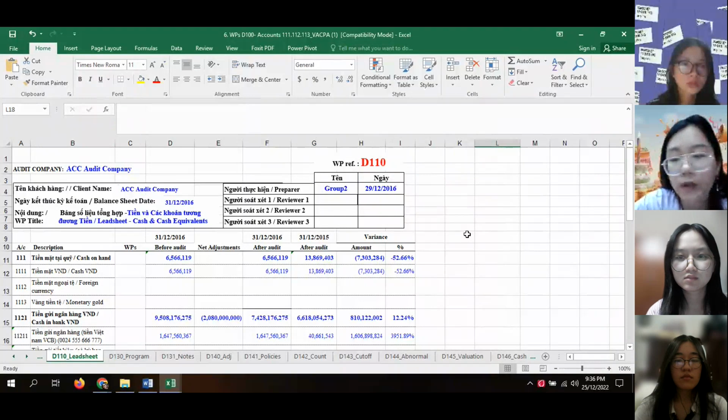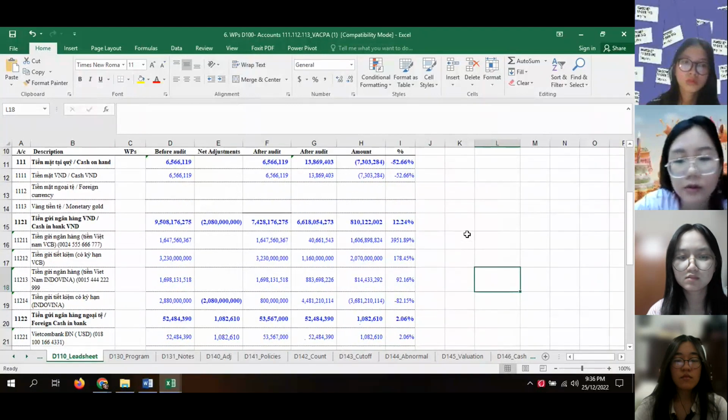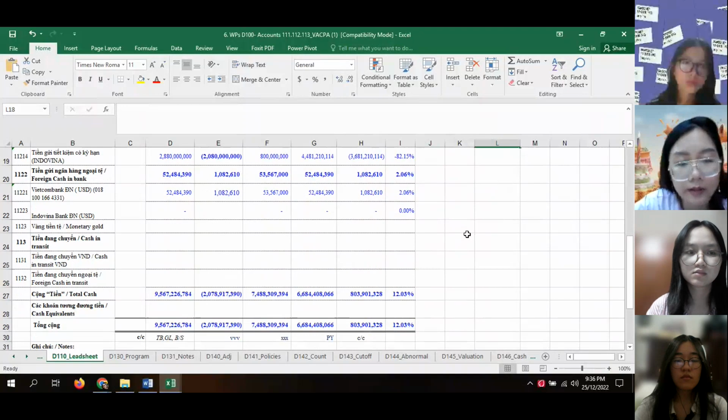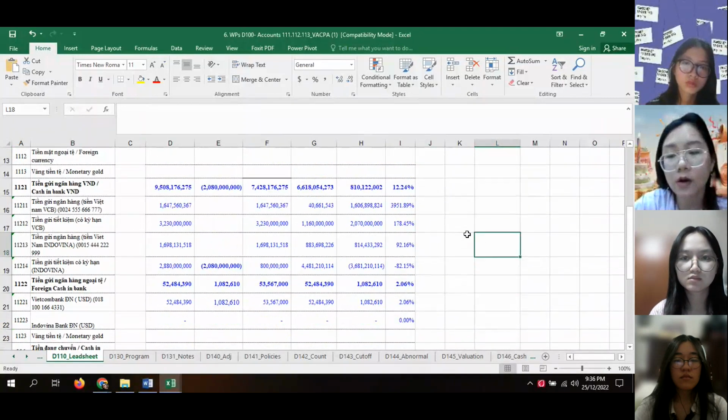It has all the accounts, like cash on hand, cash in bank, and foreign currency. Can you scroll down? Yes, that's all the numbers. Scroll up again so you can show everyone the title.